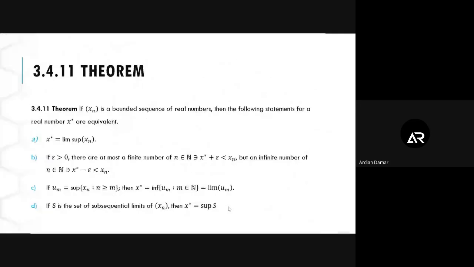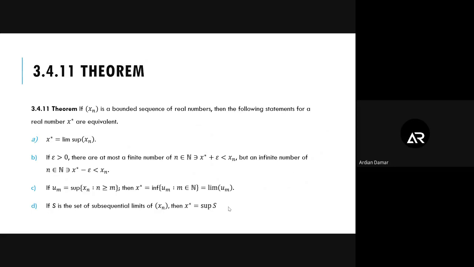Next is Theorem 3.4.11. We have that if xn is a bounded sequence of real numbers, then the following statements for a real number x powered by star are equivalent. A: x powered by star is equal to lim sup xn.